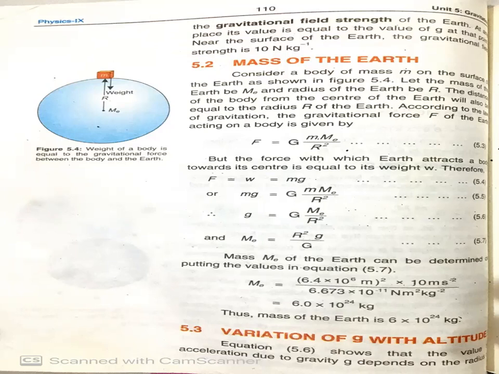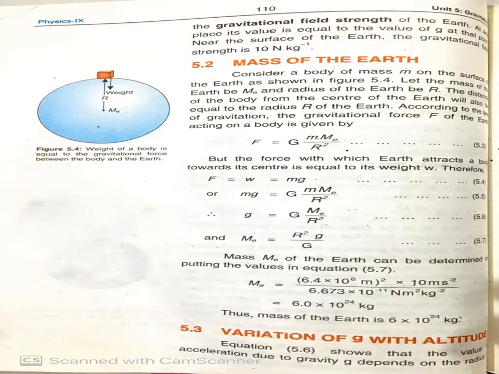As you know, the value of small g is 10 meter per second square, capital G is the universal constant, which is 6.673 times 10 to the power minus 11 Newton meter square per kilogram square, and the radius of Earth is 6.4 into 10 to the power 6 meter. These are all the values you should know by heart, because they will be used in the numerical.